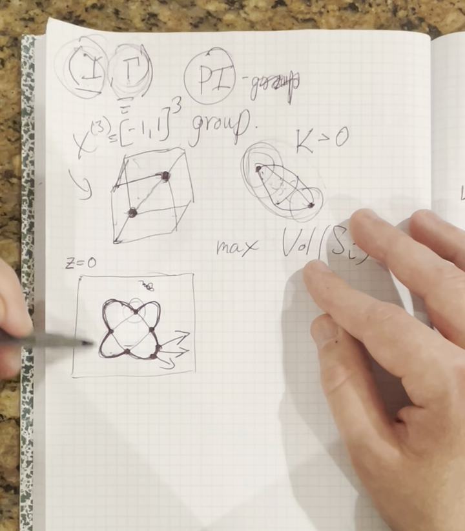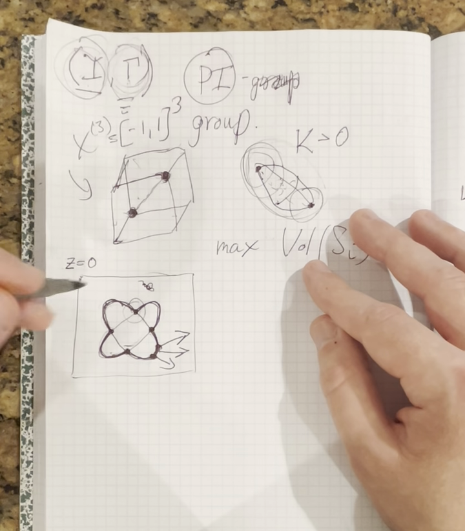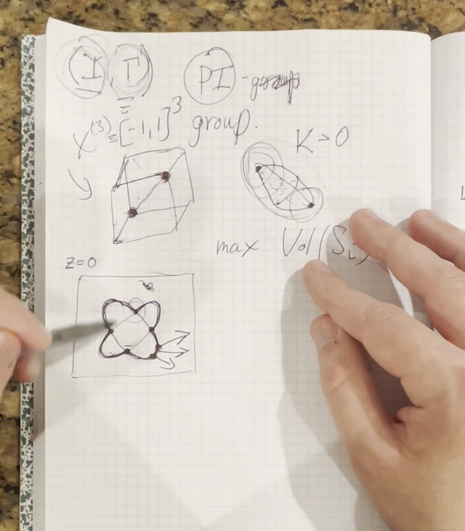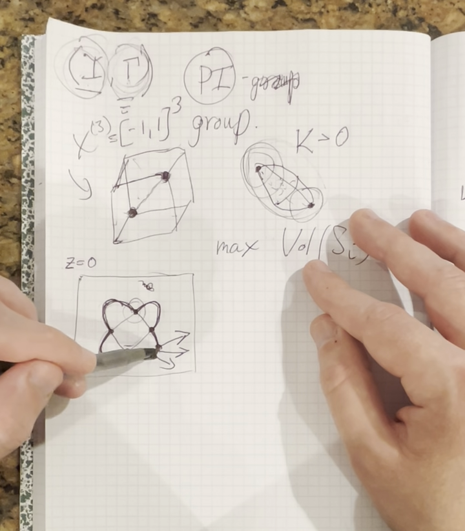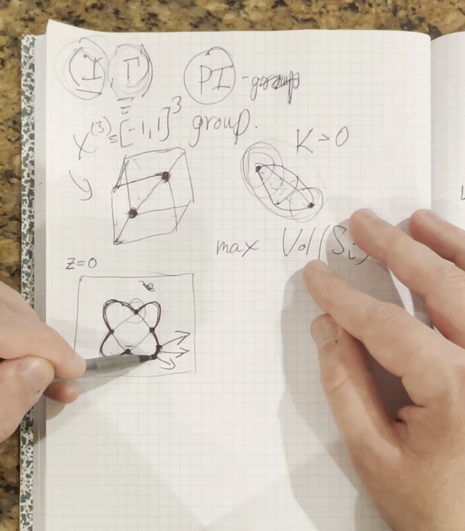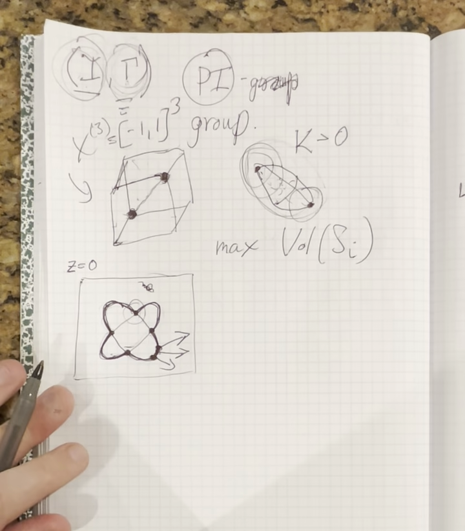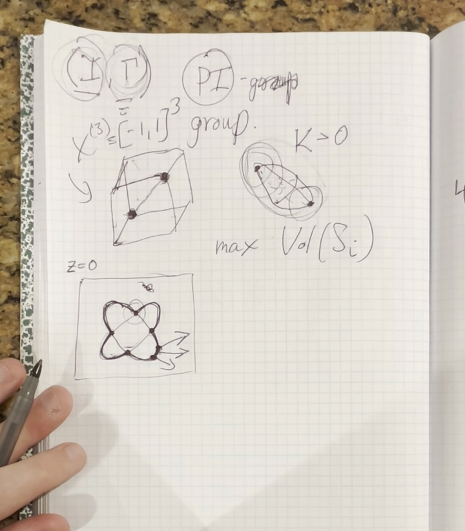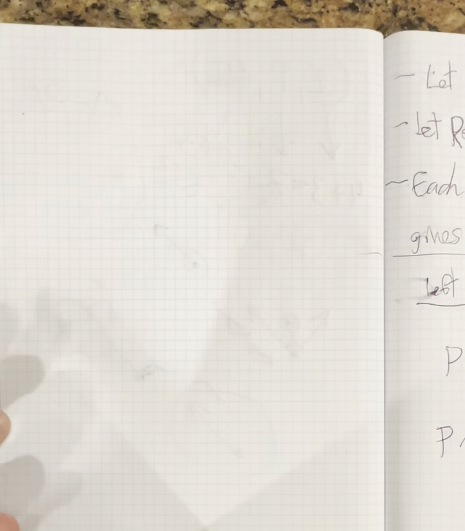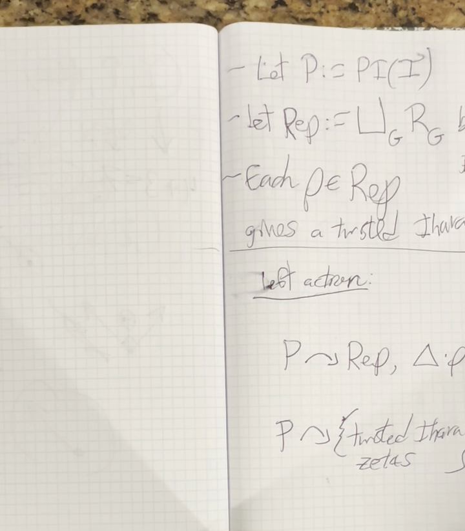We know what's going on there. But now that we decorate it with these vectors, this line bundle, we have holonomy, so the group is going to act on the enriched data, on the spectral data.